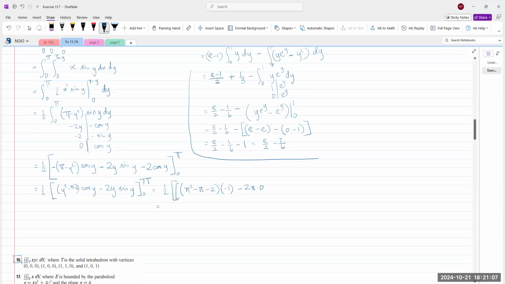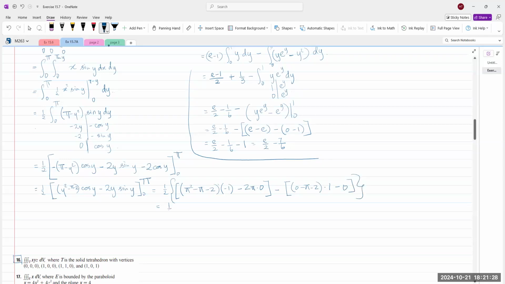So that's the first part. Minus, at 0, that will be 0 minus pi minus 2 cosine 0. That's 1 minus 0.